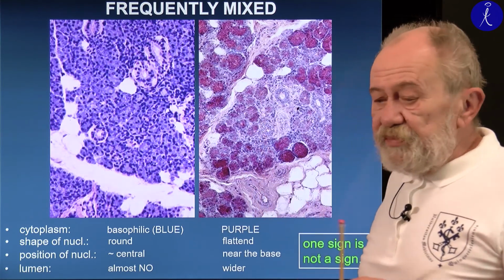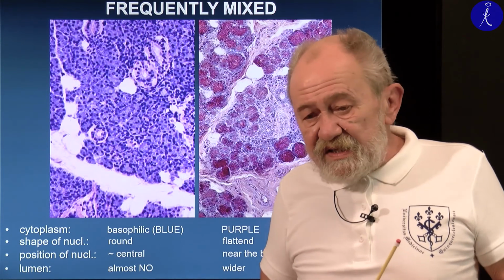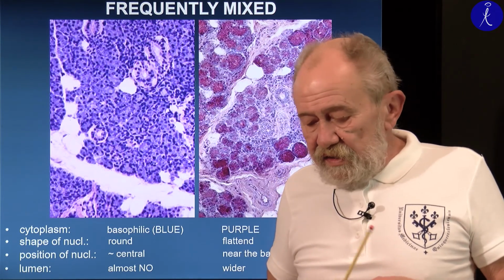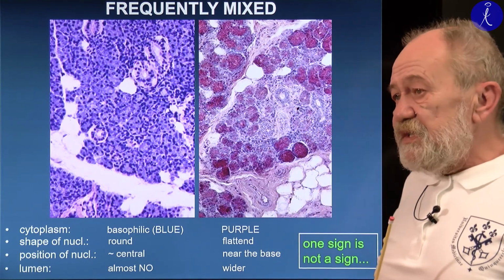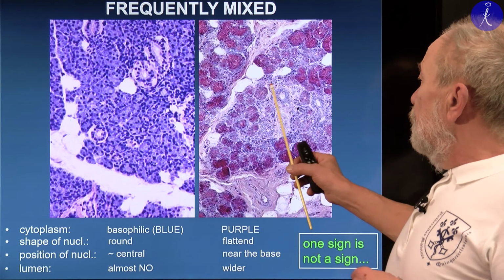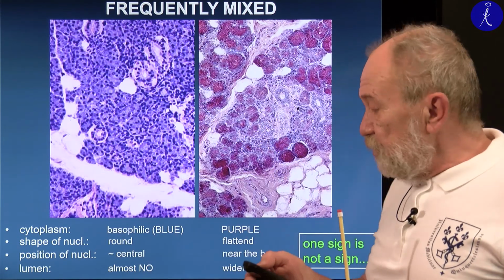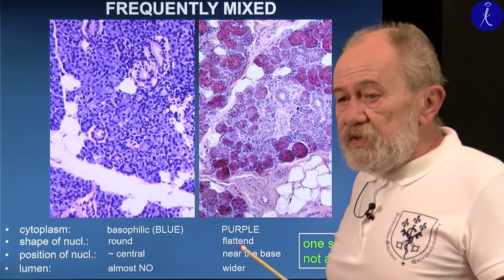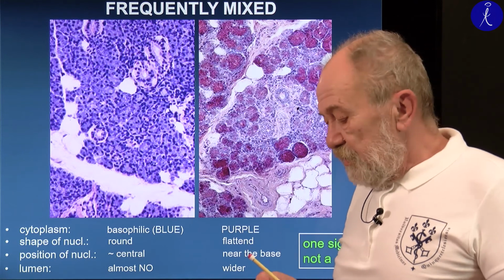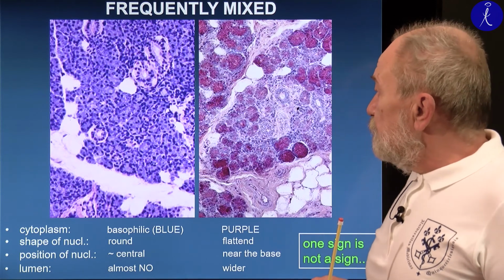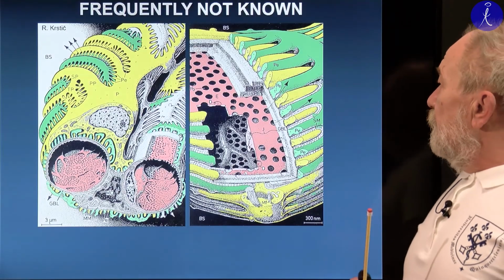Mucous product is rich in carbohydrates, and the best example is to think of honey, which is a very thick solution. So carbohydrate is the one which needs a wider lumen to pass through, and the serous solution is rich in proteins, enzymes, so the fluid is quite thin, and a smaller lumen is enough to pass through.